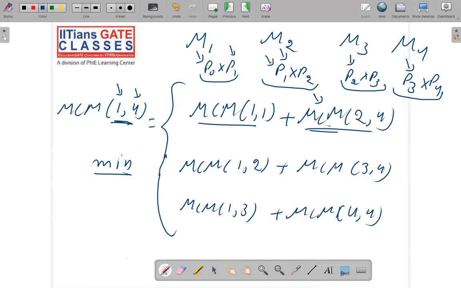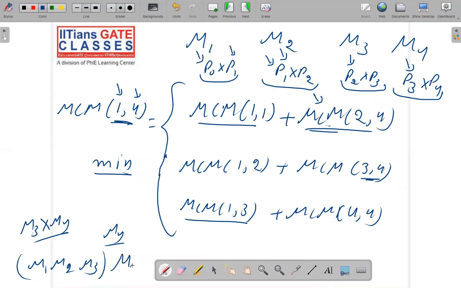In general, I'm writing like this. So I hope you understand. Once I write 3, 4, it means M3 multiplied by M4. Once I write 4, 4, it means M4 only, there's no other matrix to multiply. And what is the meaning of MCM of 1, 3? M1, M2, and M3. So once I write these two like this, it means I'm saying M1, M2, M3, M4.